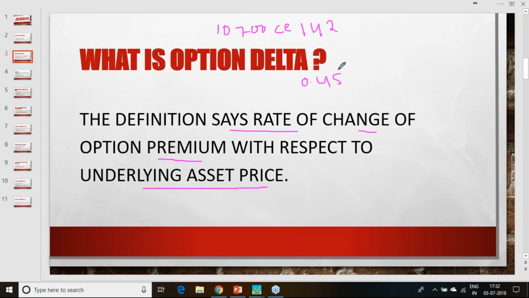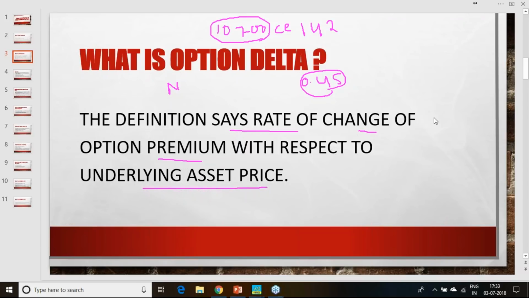This says each 1 rupee change in the Nifty will bring a 45 paisa change in the call option premium.